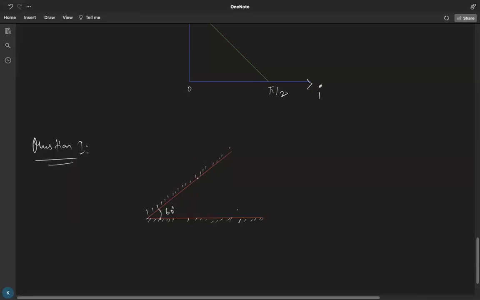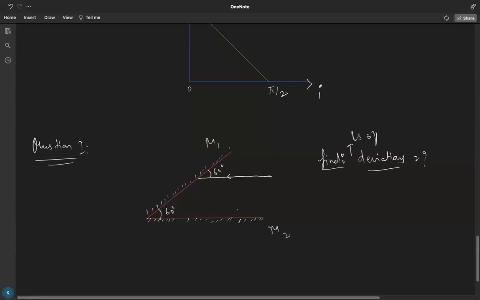I'm taking an incident ray of light here, and this angle is given as 60 degrees. You have to find the angle of deviation, obviously. I hope this question is clear to all of you. Let me call this mirror M1 and this mirror M2.